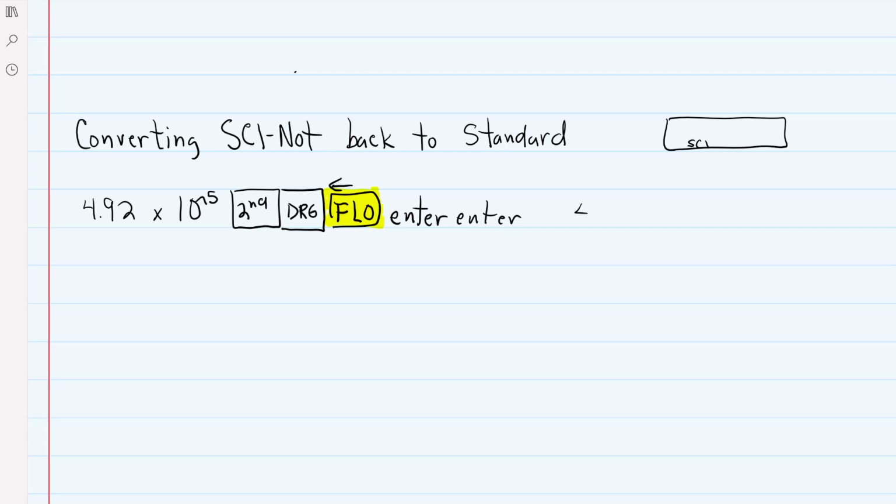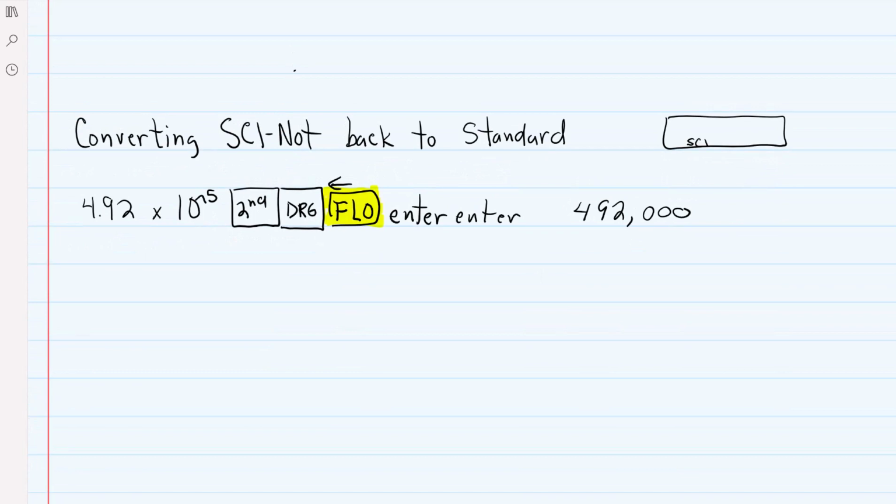And you get 492,000. All right, that's it for using the calculator keystrokes to convert from standard to scientific notation and back.